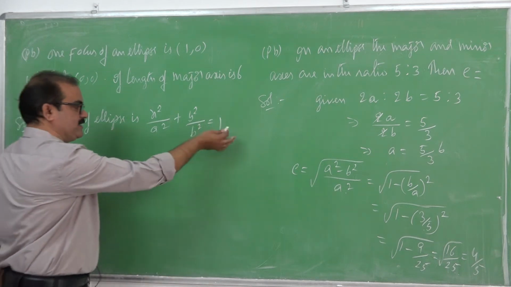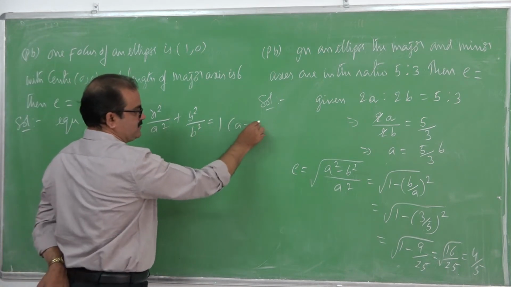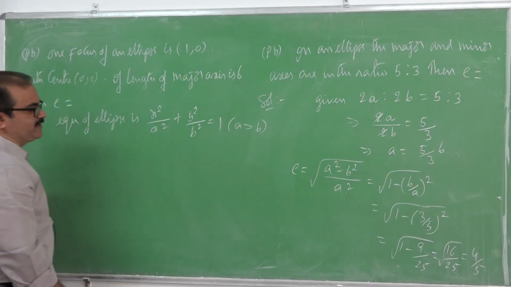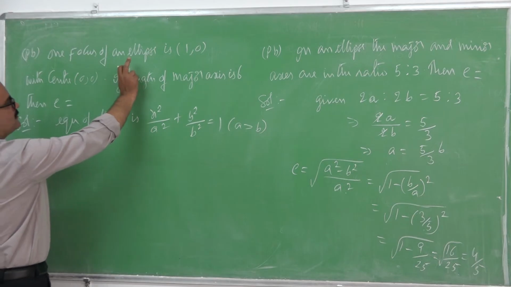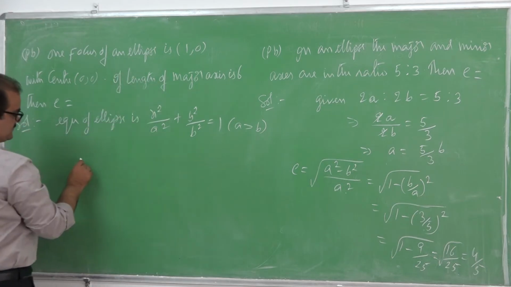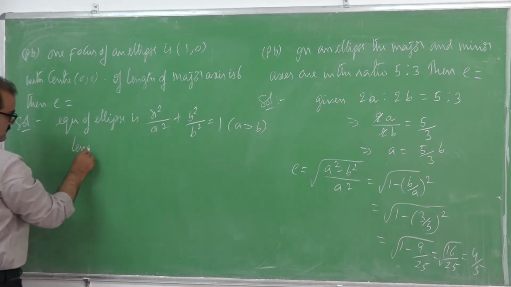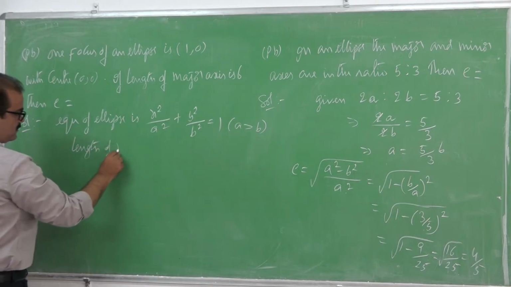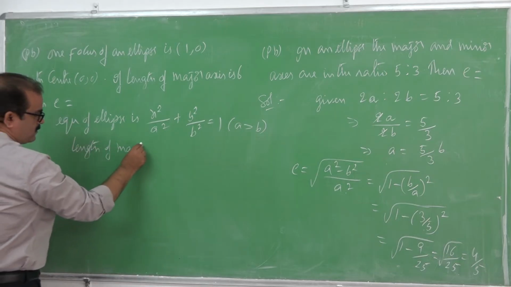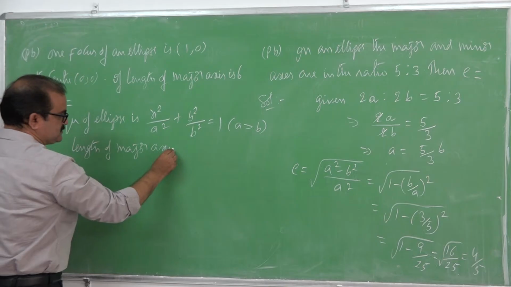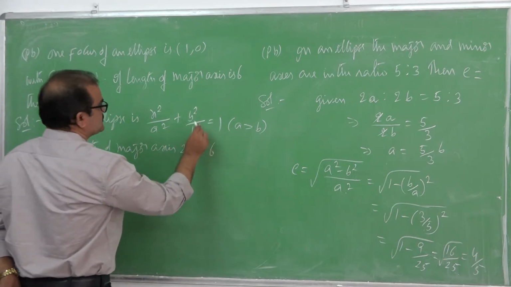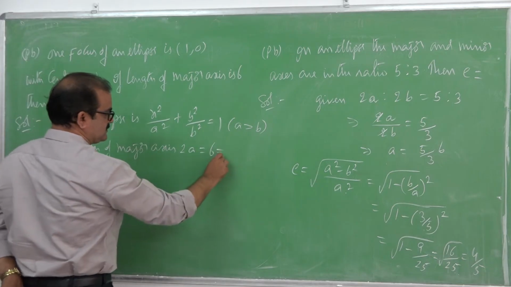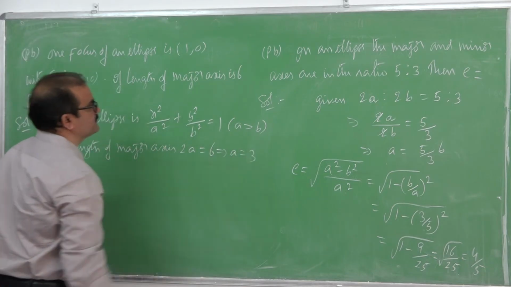You may take either a greater than b or a less than b. Suppose we take a greater than b. If a greater than b, then what is length of major axis? Length of major axis is 2a. If a greater than b, that is 6. Length of major axis is 6. From this a value is 3.